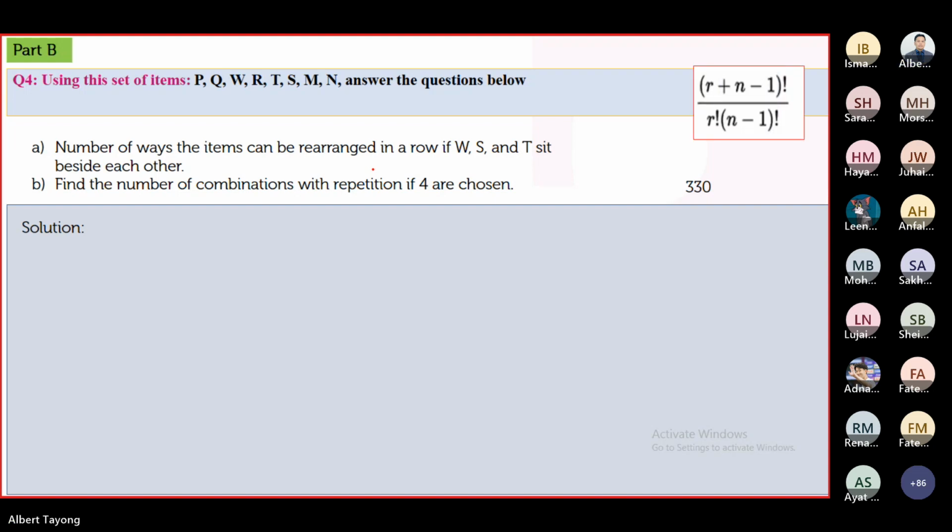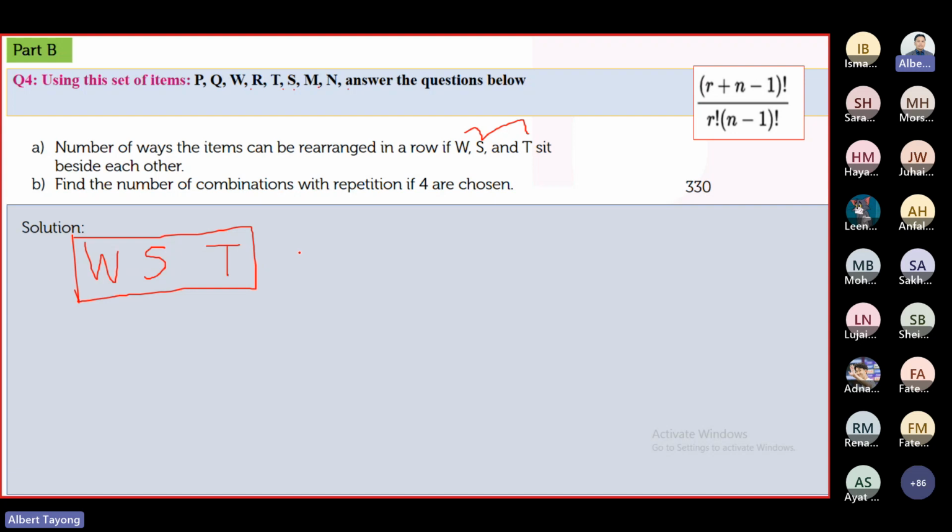Okay, so we have to group again. We have 1, 2, 3, 4, 5, 6, 7, 8. So we have W, we have S, and we have T. This will become one group, because W, S, and T should sit beside each other.